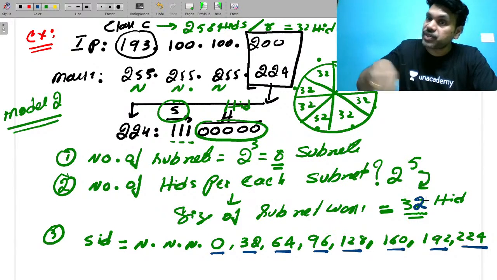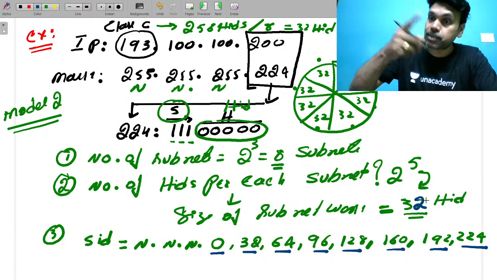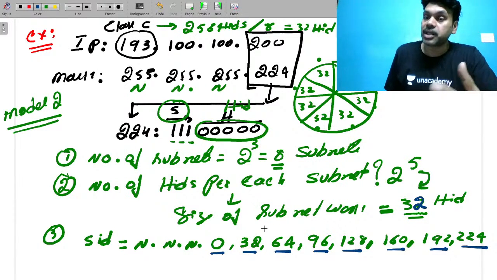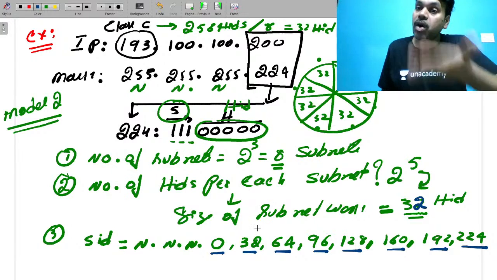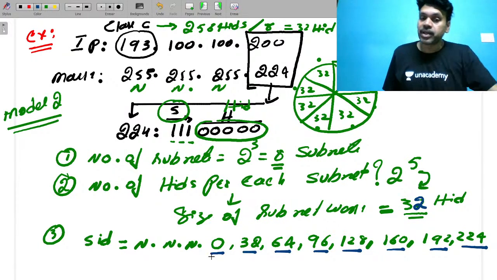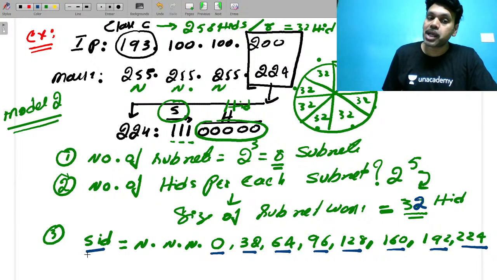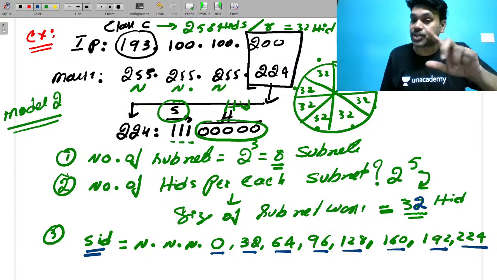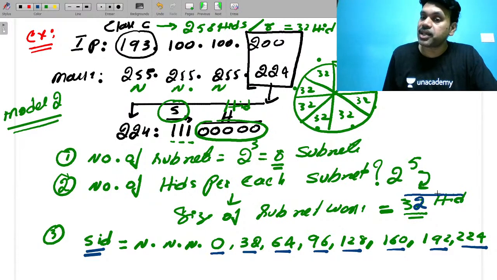The size of the subnetwork is 32. So subnet ID is nothing but block ID, the block starting number, and block ending number. The block starting number is nothing but the subnet ID only. So always your subnet ID starts with 0, plus your block size of 32 HIDs we got from this.